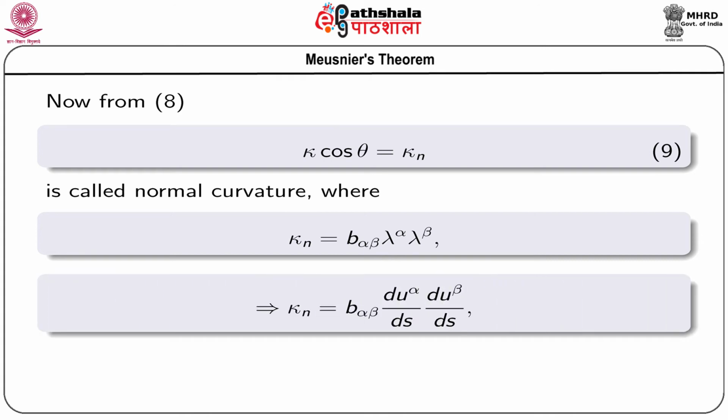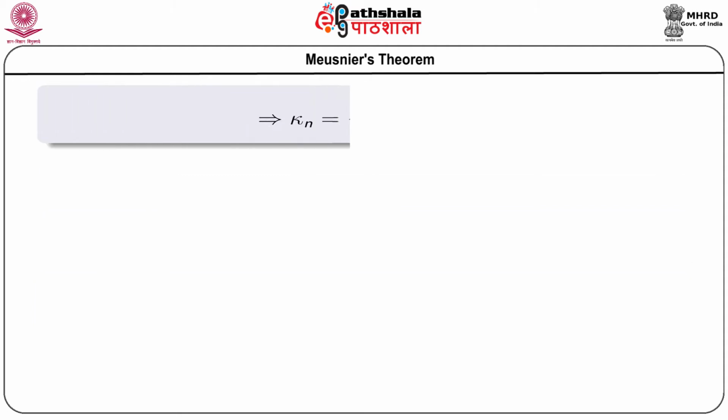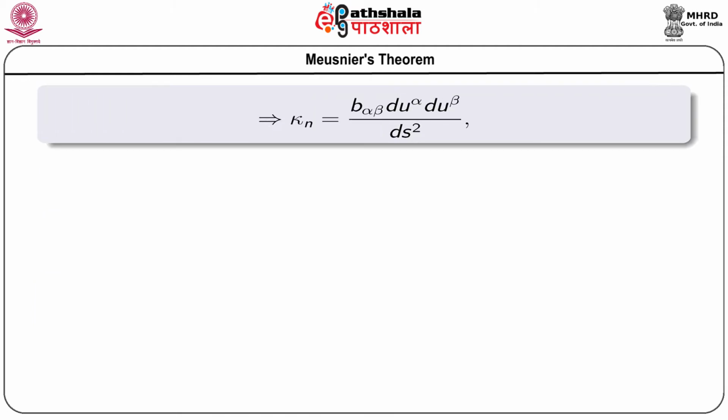Now, we know that lambda^alpha is du^alpha/ds and lambda^beta is du^beta/ds, because these are the unit tangent vectors. So, they can be represented in this way. So, kappa_n becomes b_alpha beta du^alpha du^beta by ds square.